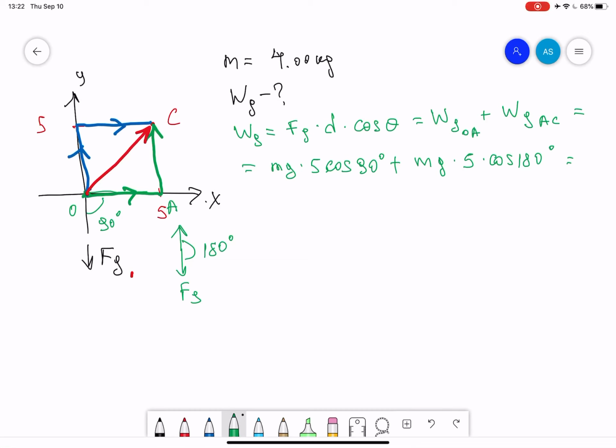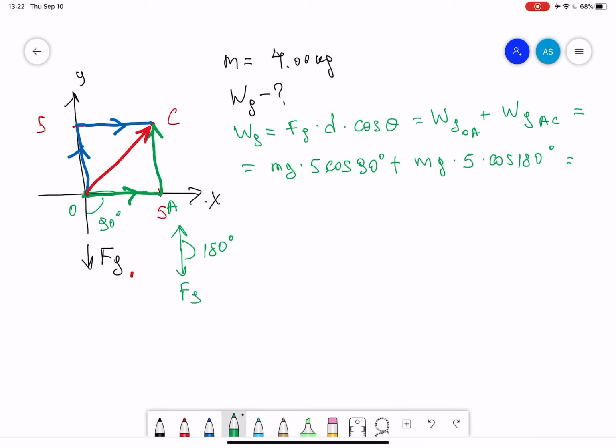The mass is equal to 4, so this gives 4 multiplied by 9.8 multiplied by cosine 90 degrees, plus mass 4 kilogram multiplied by 9.8 multiplied by 5 multiplied by cosine 180.